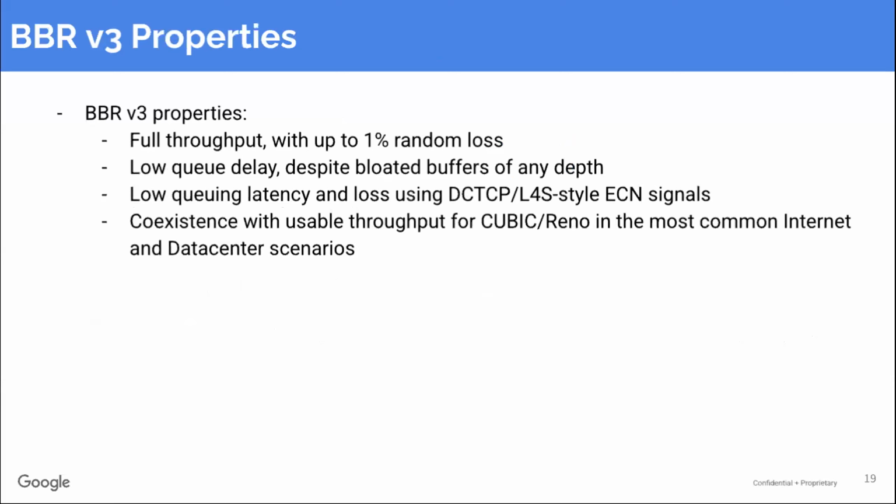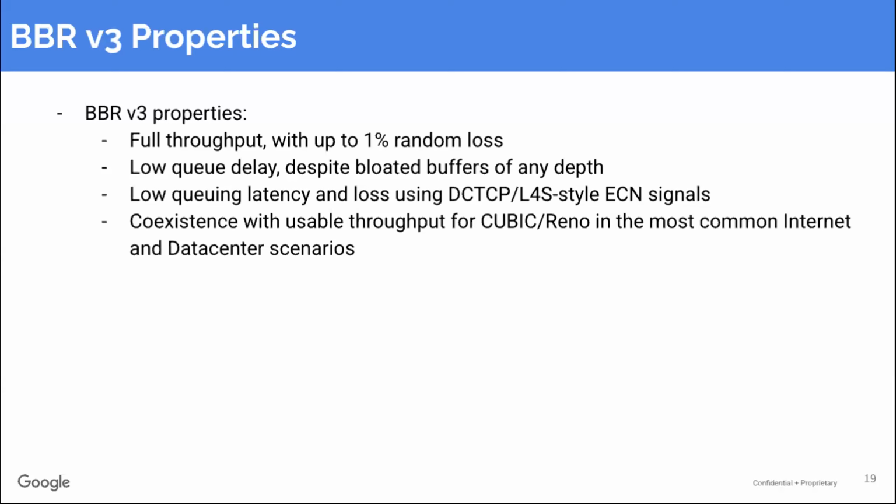The changes. So just a reminder, the properties at the end of the day that we have with the latest version of BBR, which is v3, is that BBR version 3 can achieve full throughput with up to 1% random packet loss, and that is due to an explicit design parameter choice.